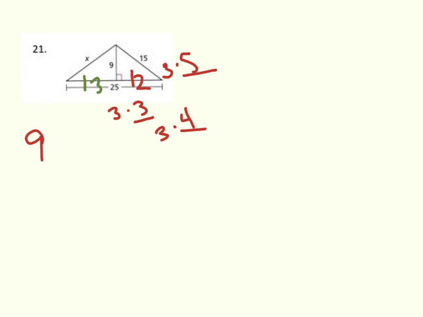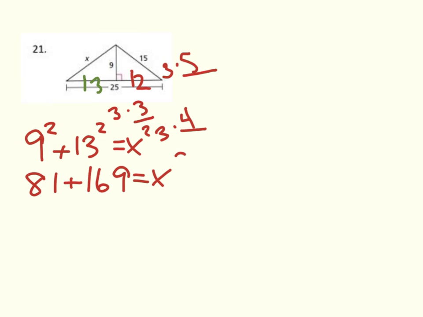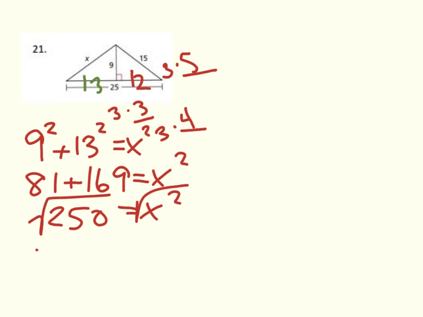So I would have 9 squared plus 13 squared is equal to x squared. 9 squared is 81, 13 squared is 169, and that's going to equal x squared. And then I get 250 equals x squared. And of course we have to take the square root. So I get the square root of 250 is equal to x.